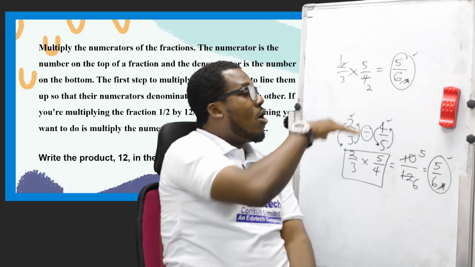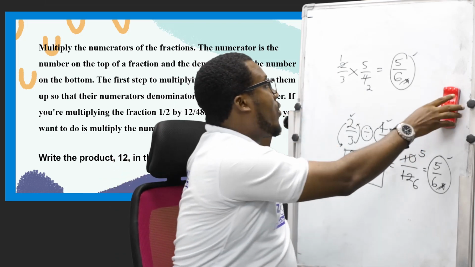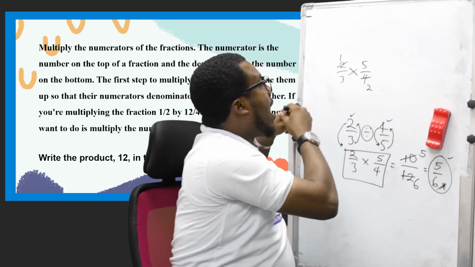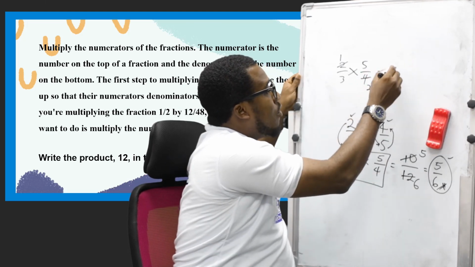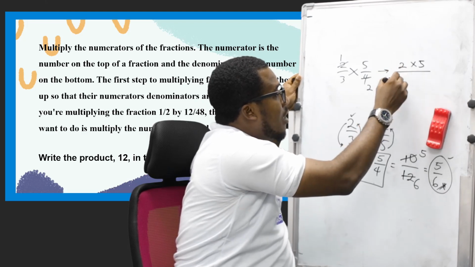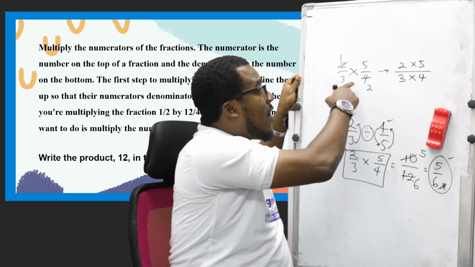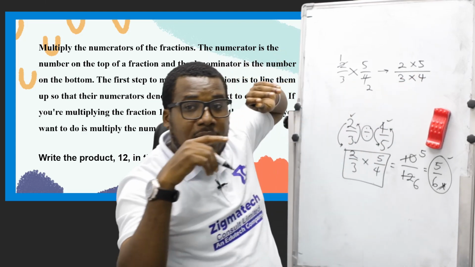Numerators next to each other, or you can do it this way, put an arrow and make it 2 times 5 all over 3 times 4. That's if I'm here to break it down.